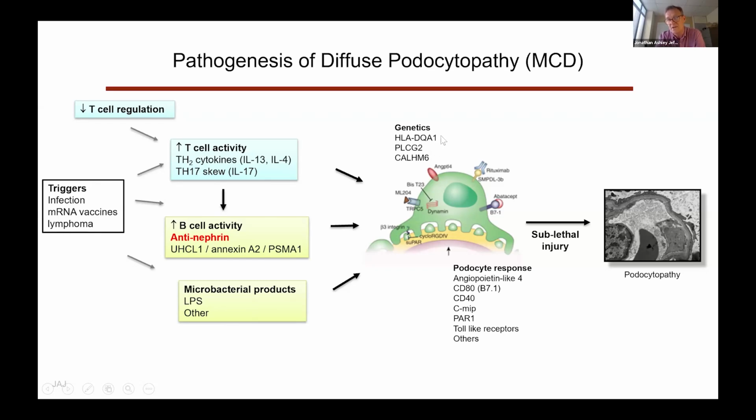One example is an HLA allele, which may associate with some of these antibodies. And then a range of antigens or proteins have been described in the podocyte, with data on most of these playing a role in the podocyte response to these injuries, and again, with sublethal injury leading to this minimal change phenotype.